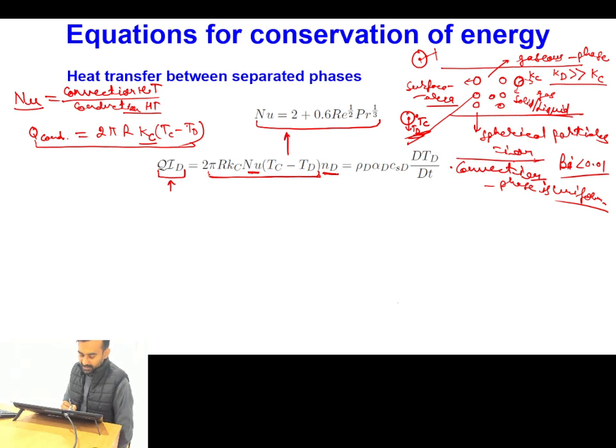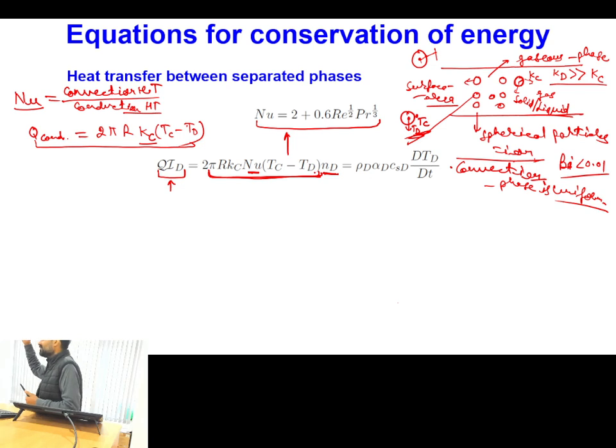Now, this is the total amount of heat transfer to the particle. What will be the total amount of heat transfer to the particle? It will be equal to the net rate of change of energy of the particle. All are clear with this point? So if I am adding heat to you, what will happen? Your temperature will be increasing or your energy content will be increasing.